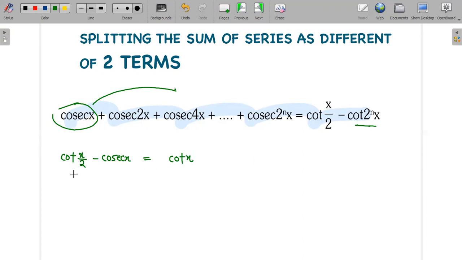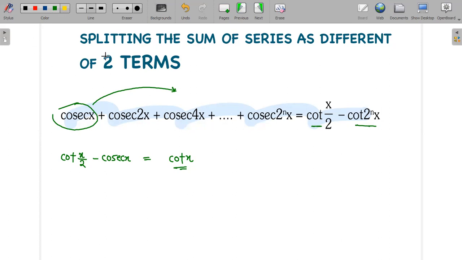You may convert this term into sine and cosine, but eventually cot x is what your result will be. Now please focus on the result part. If I shift the term cosec x to the right hand side, the argument of cotangent x by 2 gets doubled. Now we have cot x.